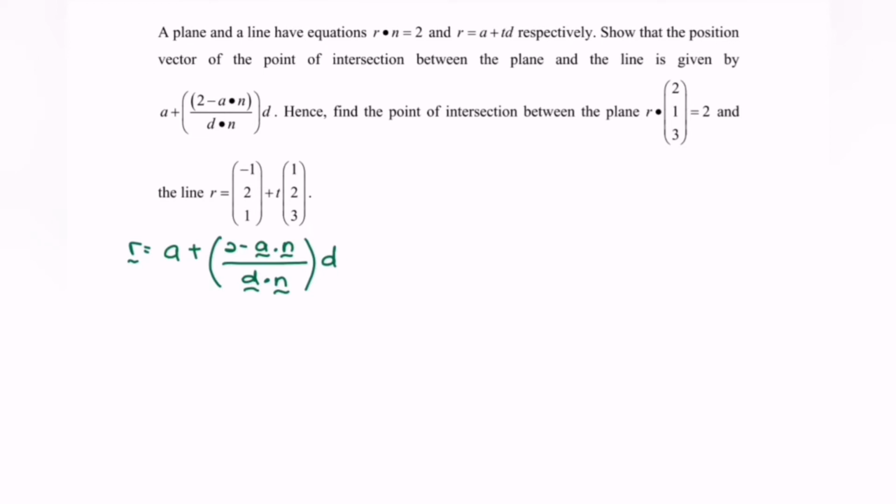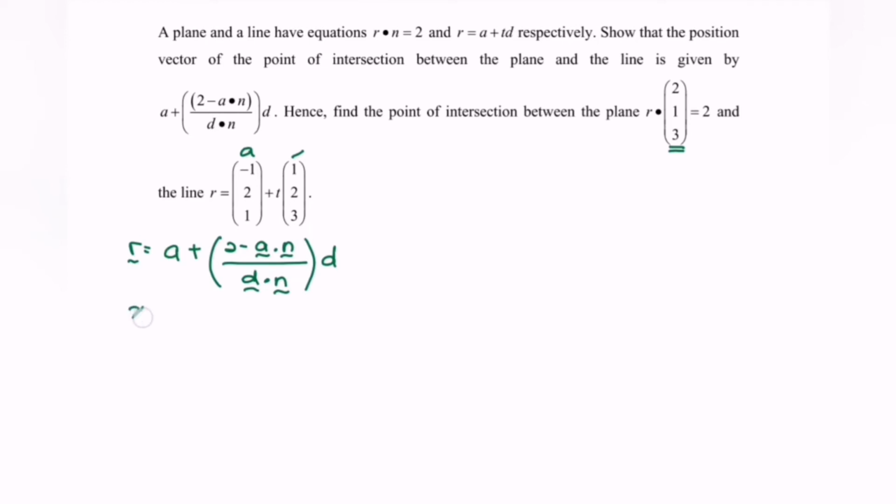Hence, find the points of intersection between the plane r dot n, where n is (2, 1, 3), and the line where a is (-1, 2, 1) and d is (1, 2, 3).